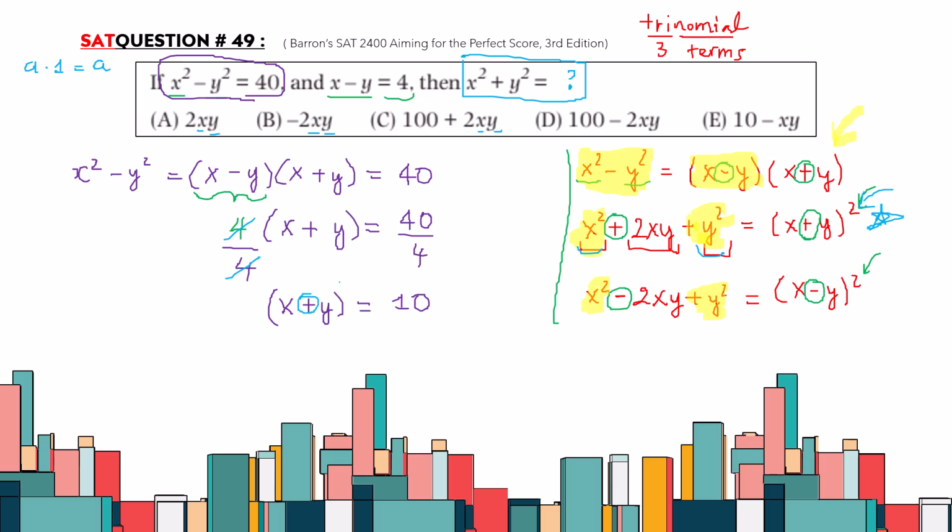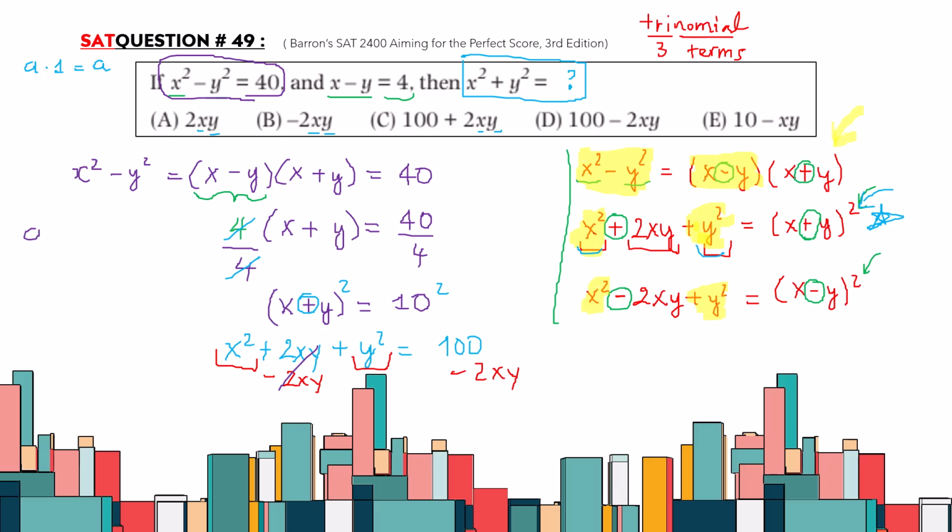So let's square both sides. Now we have x plus y squared, that will be equal to x squared plus 2xy plus y squared, and that equals 100. Now the only parts we want to isolate are this part and this part. So we want to subtract 2xy from both sides. Now we can see the 2xy minus 2xy cancels out.